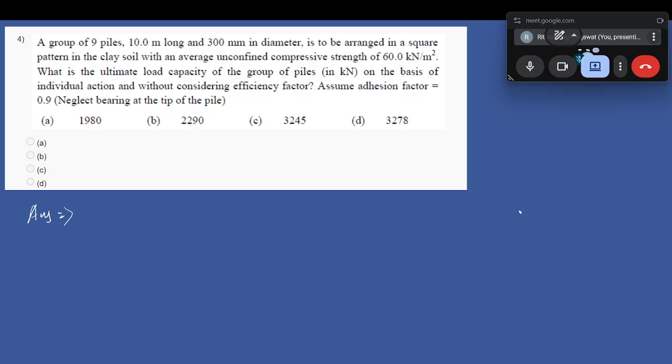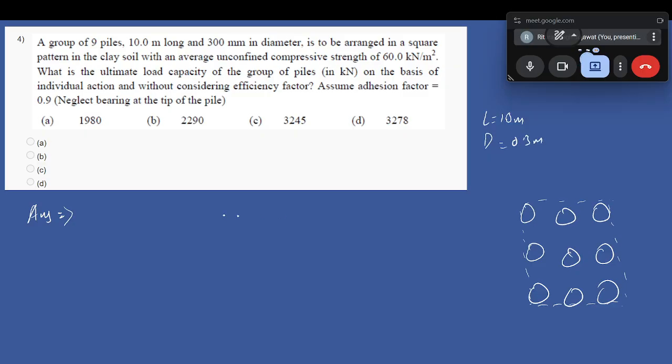Let's say this is your pile arranged in the group action, and this is a top view. So it's basically 9 piles, the length is 10 meter, D is 0.3 meter, arranged in a square pattern.